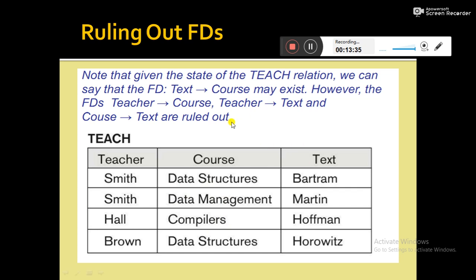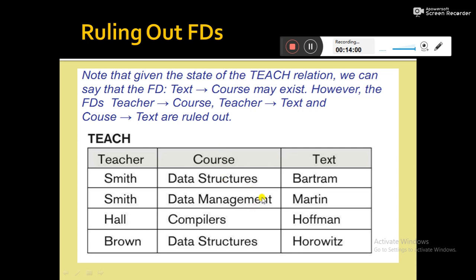For example, consider text arrow course. We have to check whether course is functionally dependent on text or not. Text arrow course: we can write it, meaning course is functionally dependent on text, if for a particular value of text there is a unique value of course.